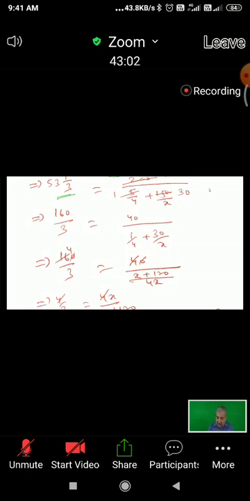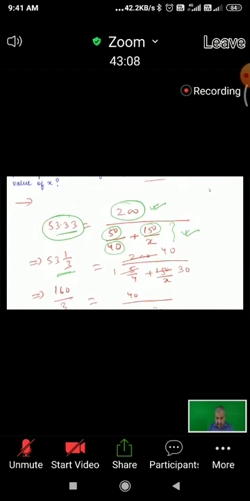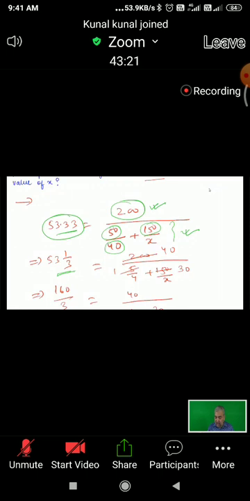Rani Mandal, see here. 50 by 40 and 150 by x. Here 0 and 0 will cancel each other in 50 by 40. So this is 5 by 4. Now 5 by 4 plus 150 by x.